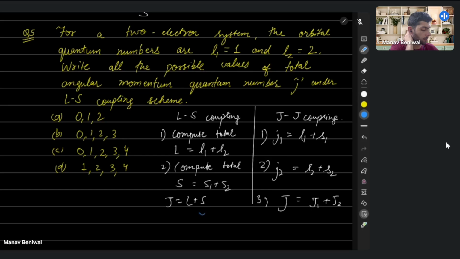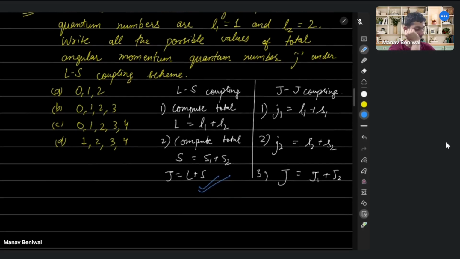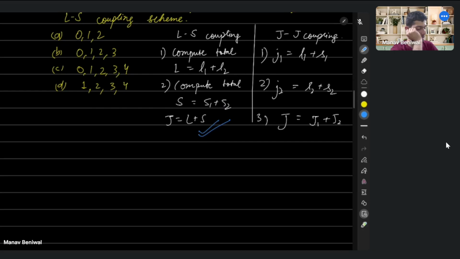In this problem, we will be using the LS coupling scheme. So for that, first we have to compute the total angular momentum, L. We are given L1 is 2 and L2 is 2.